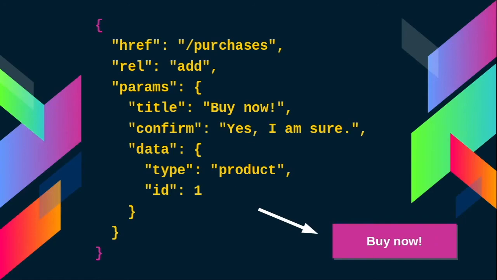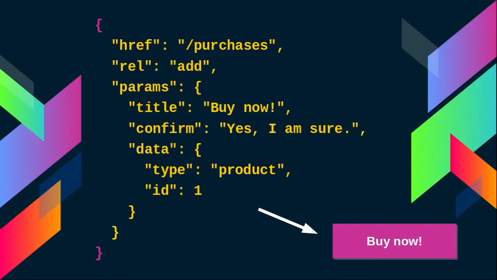So you can put here whatever you want, as long as the client, the JavaScript application or the iOS app, knows how to render these rel types, then you can change this and make new contracts. So you will have different types of hypermedia.